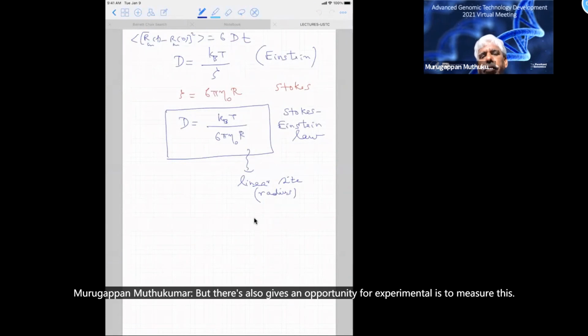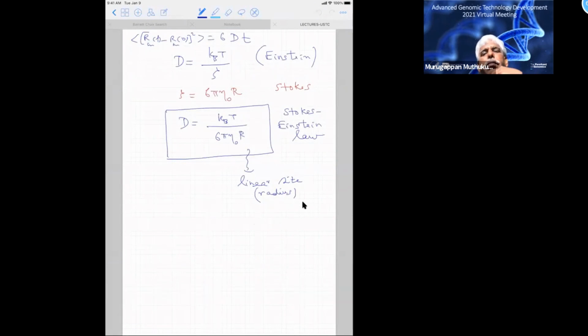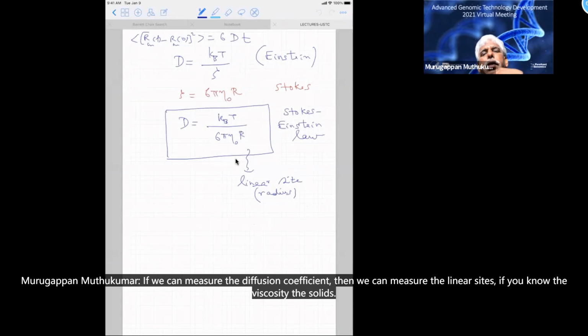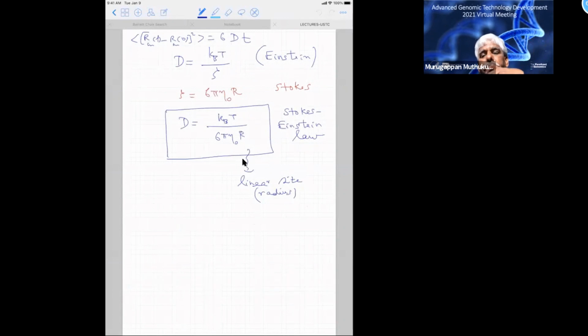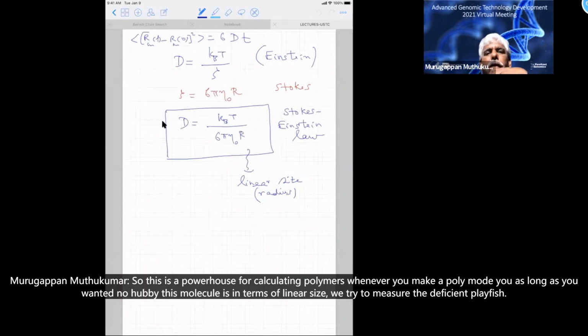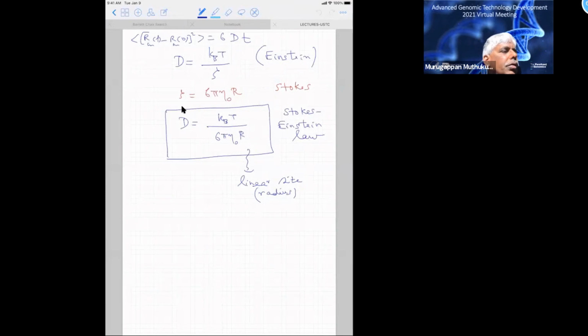But this also gives an opportunity for experimentalists. If we can measure the diffusion coefficient, then we can measure the linear size if we know the viscosity of the solvent. So this is a powerhouse for characterizing polymers. Whenever you make a polymer and want to know how big this molecule is in terms of linear size, we try to measure the diffusion coefficient.